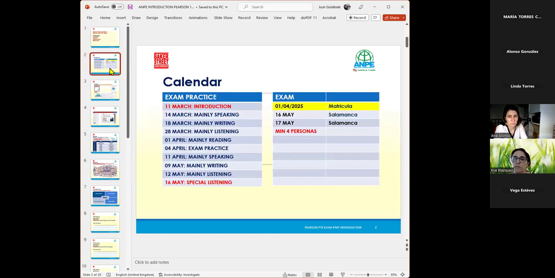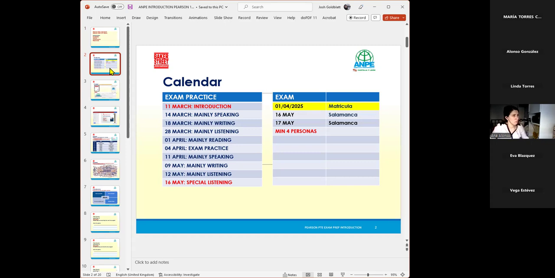So let's start with this, which is going to be our calendar. Now we had to choose whether to have classes on Tuesday or Friday. So we've got some classes on Tuesdays and some classes on Fridays.